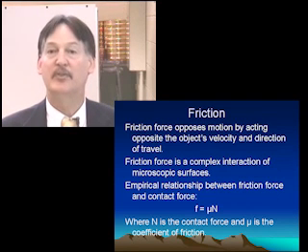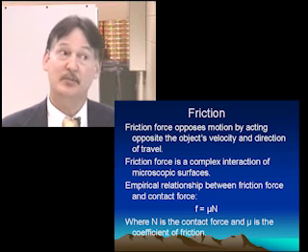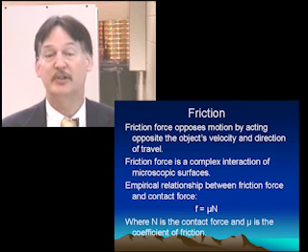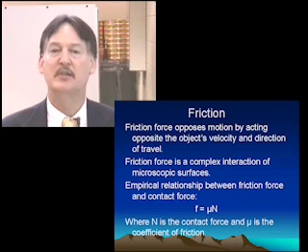The normal force is the force with which the surface is pushing back on the object that's resting on it. So this is a way of expressing frictional force, and we can include this in our force expressions that we use when we're calculating Newton's second law.